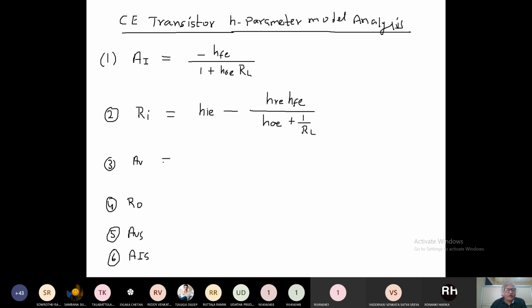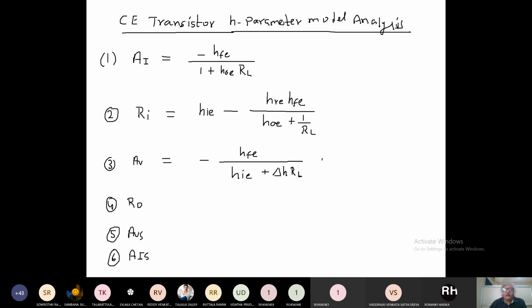Then the overall voltage gain expression is minus HFE divided by HIE plus delta H RL, right?